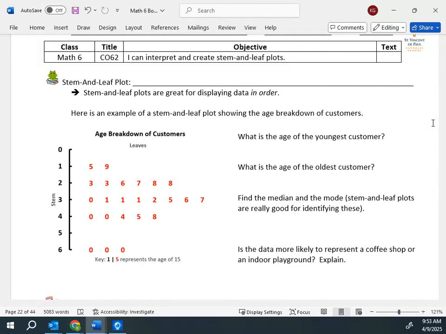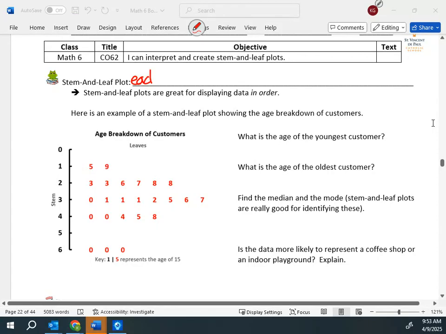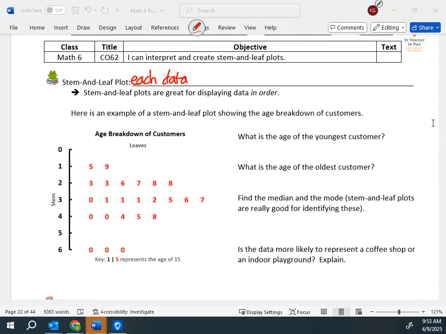Okay. So a stem and leaf plot, each data value. Now this is going to sound kind of complicated, but I am going to explain it. So don't get overwhelmed by the definition. Once I explain it, it's going to make more sense.